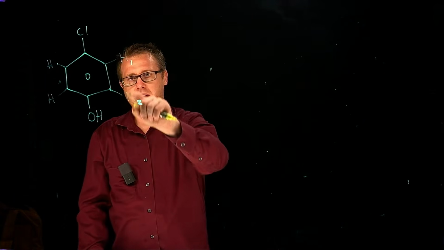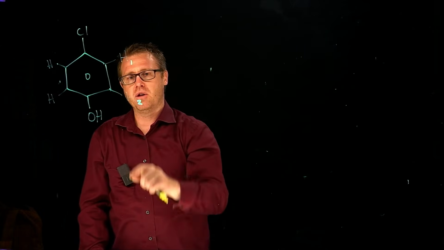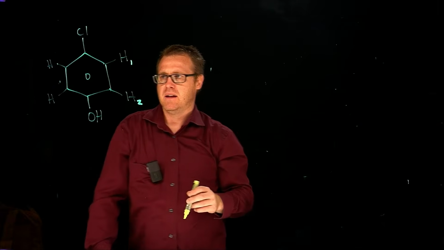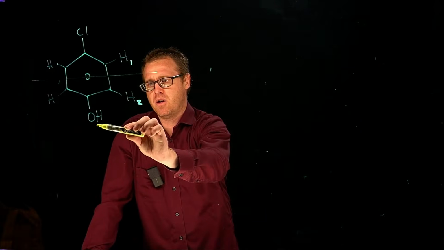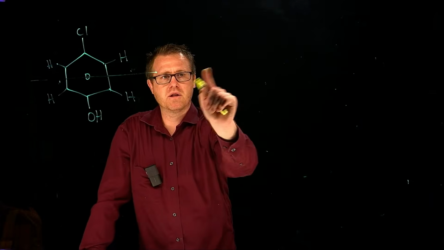So you would see a difference. So between these two, there's no axis of rotation. Is there a plane of symmetry that cuts them in half? If I go right down here, there's no plane of symmetry because we have an OH there and a chlorine there. So that would have to make those guys constitutional isomers or non-equivalent.